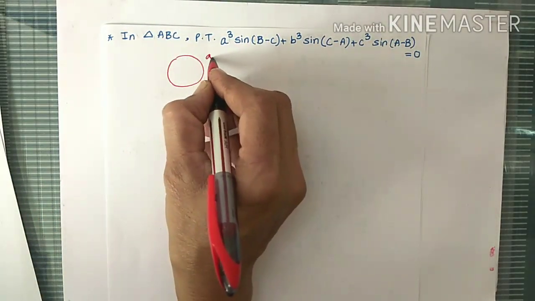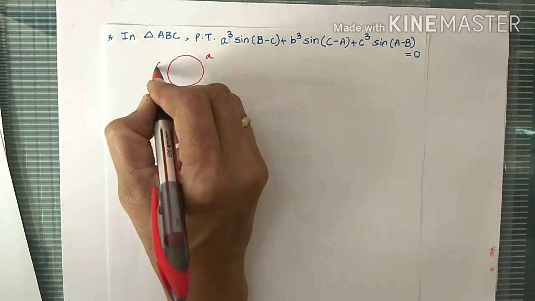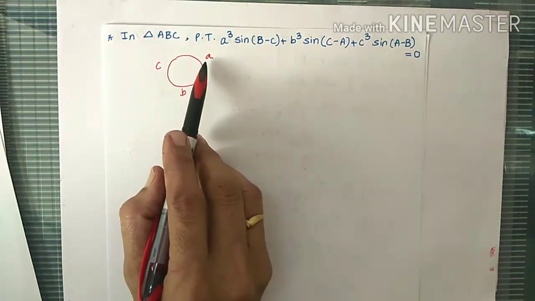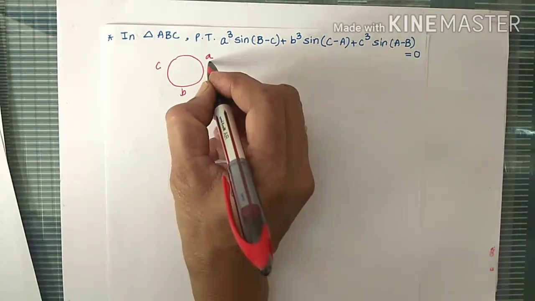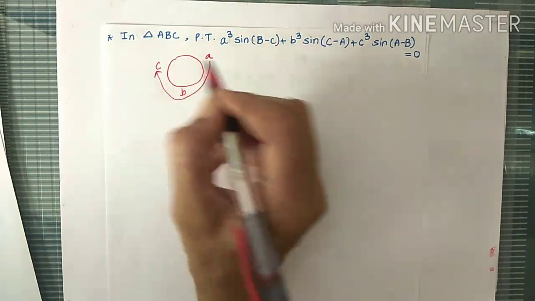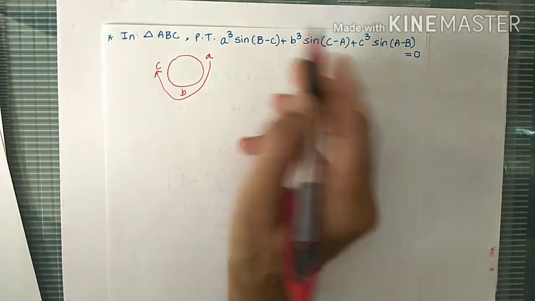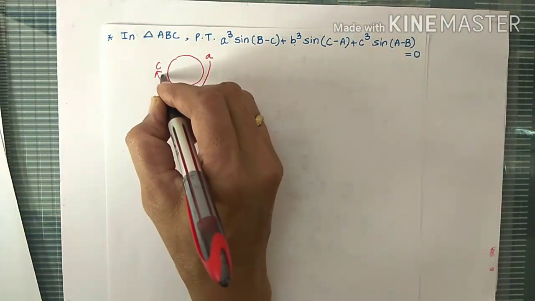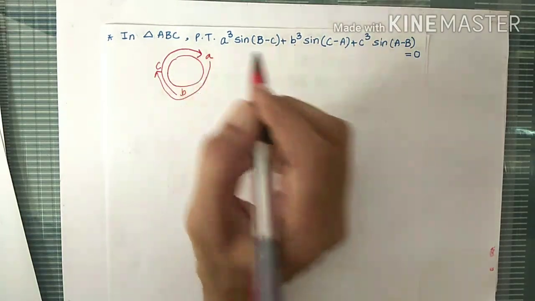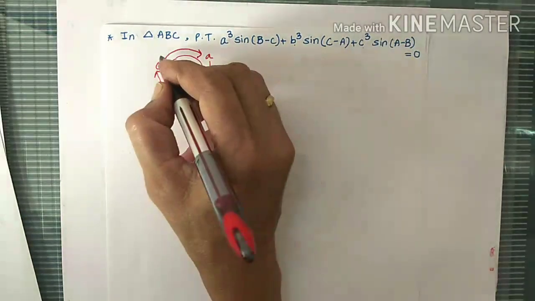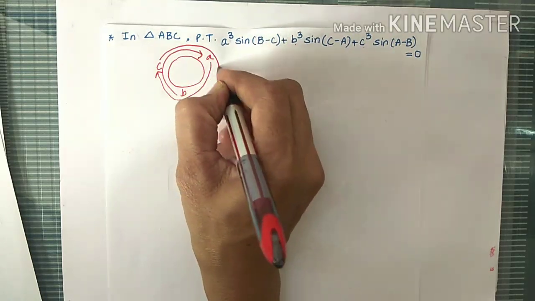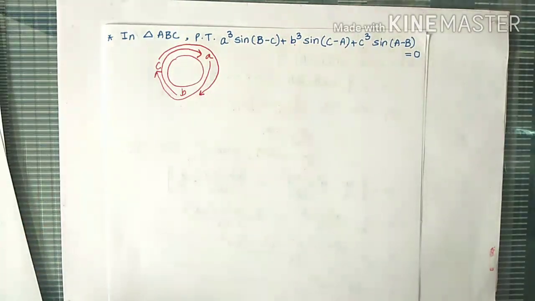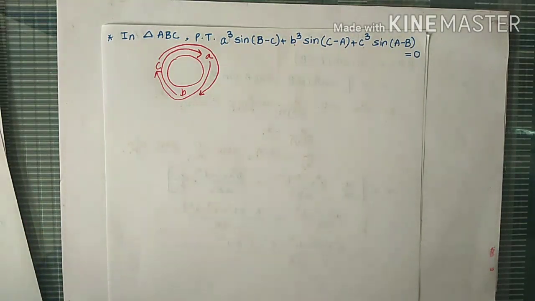See, irrespective of the capital and small letters, in the first one we have A, B, C. In the second one we have B, C, A. And in the third one, starting with C, we have C, A, B. So these are known as cyclic terms.